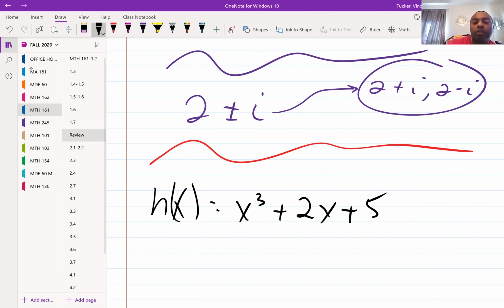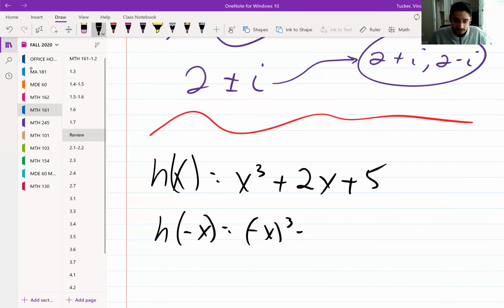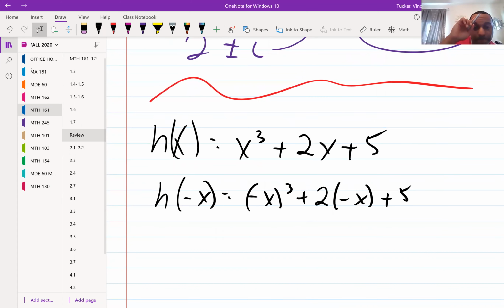Now, which one are you trying to test for, symmetry, or even or odd? No, I'm talking about even, odd, or neither. Right, so you would plug in negative x. Anywhere there's an x, you just plug in negative x, and then you go on and solve from there. Yep. And then for the symmetry part, let me see.